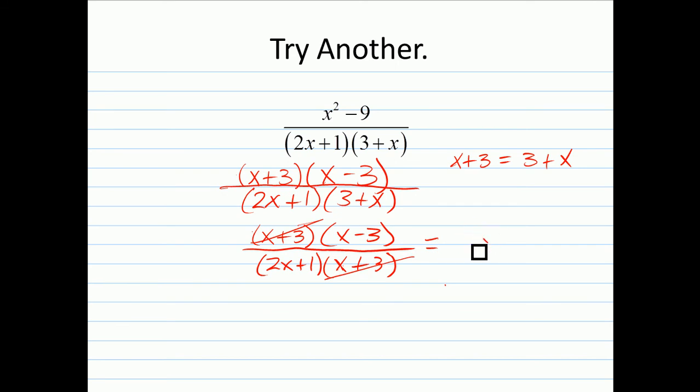is x minus 3 over 2x plus 1. Now, after this, you have to say what your restrictions are. Your restrictions in this case would be where your denominator is 0.